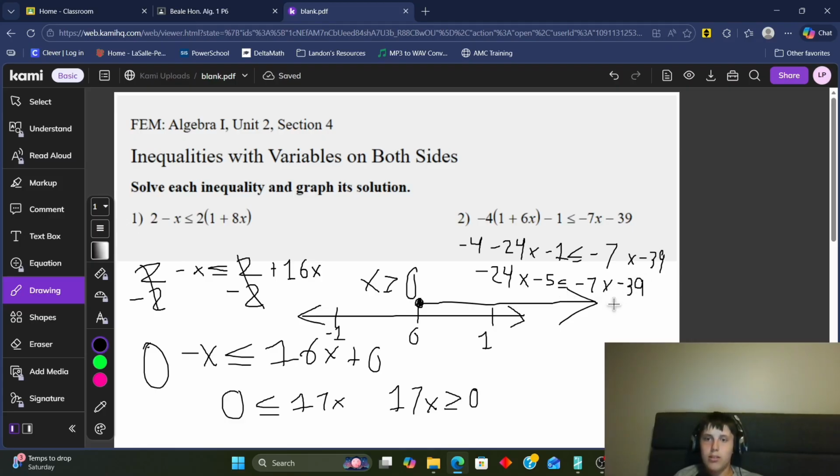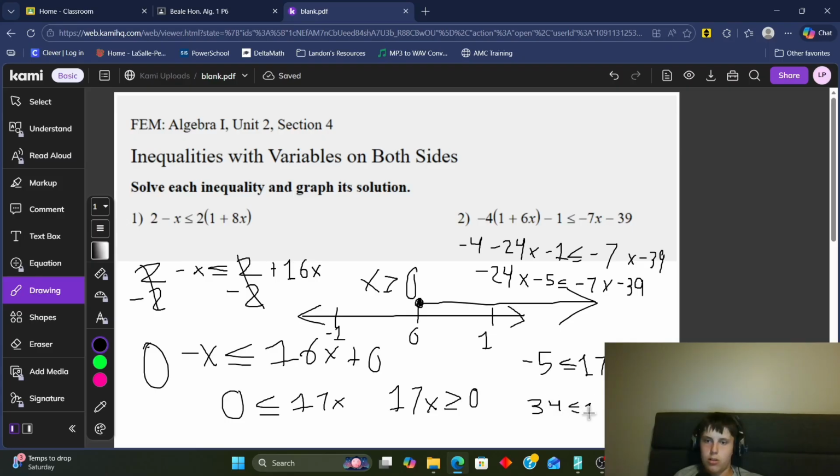I prefer positive, so we're gonna add 24x to 7, so then it will be -5. It's less than or equal to, we're gonna get 17x, I believe. Yep, 17x minus 39. Add 39 each side.